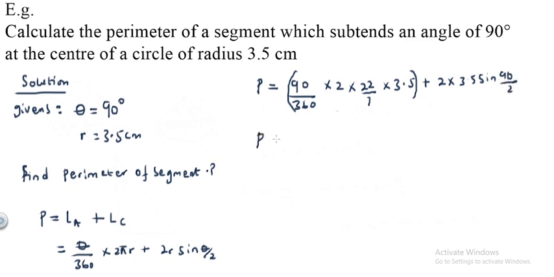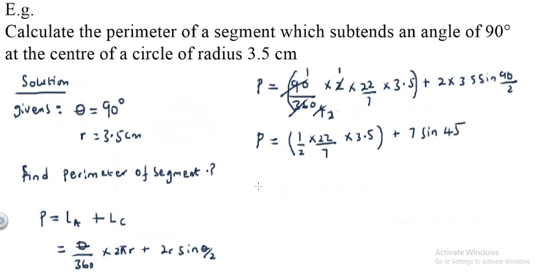Here we have P equal to: 90 here is 1, 90 here is 4, 2 here is 2, 2 here is 1. Now that I've cancelled, I have 1 times 22 over 7, 1 over 2, 22 over 7 times 3.5, plus 2 times 3.5, that is 7, sine 90 divided by 2 is 45.